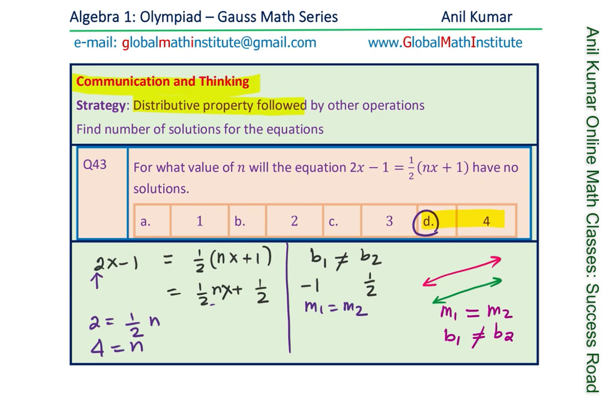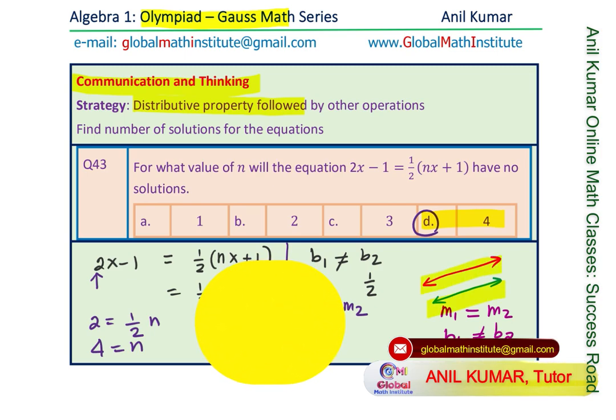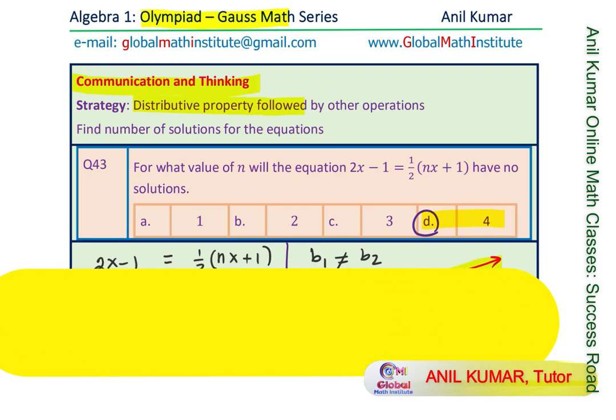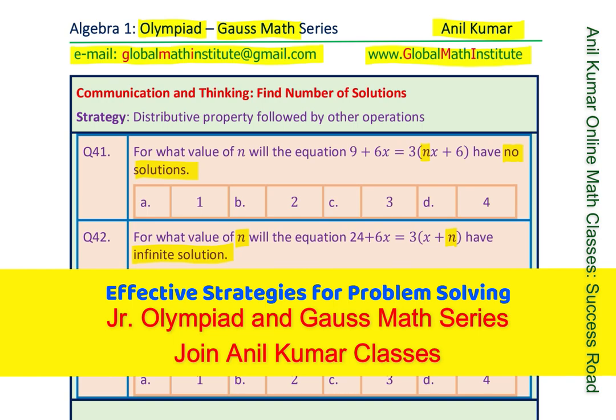So I've combined both the things, which is you have test papers in some competitions which are multiple choice questions, which are kind of here, but sometimes it is a communication and thinking question. So there you have to explain your answers. I hope with this example you have understood the complete strategy for solving such questions.